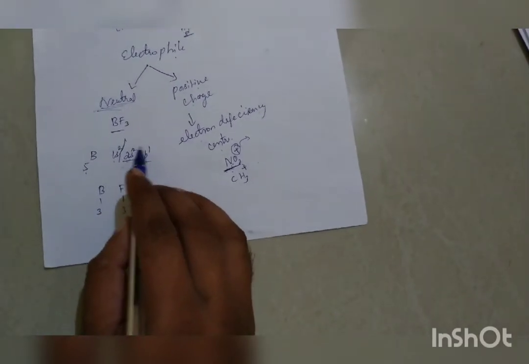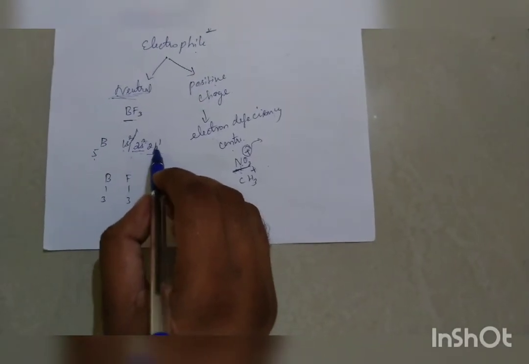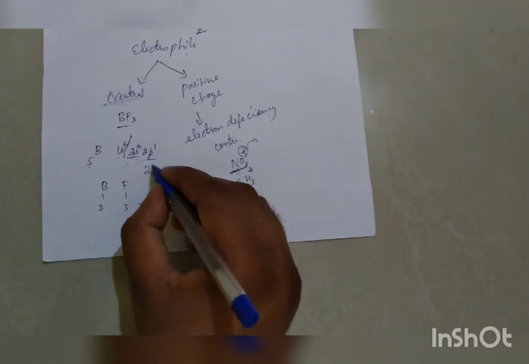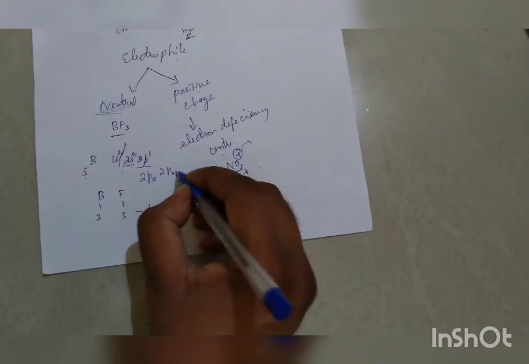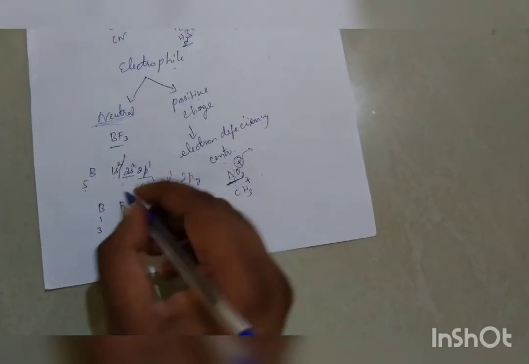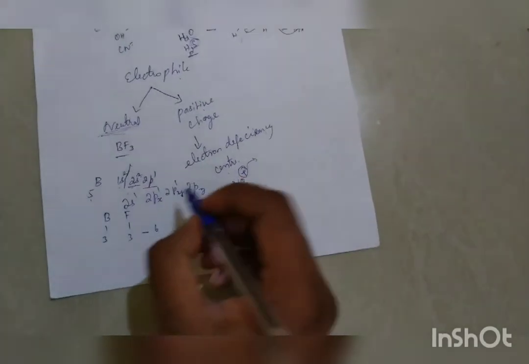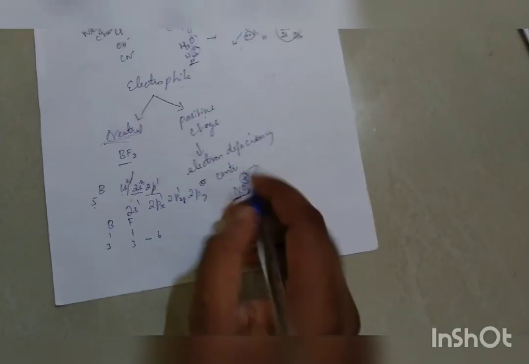Now these three electrons are available in the 2s and 2p. We can separate 2px, 2py. The 2s electron is excited here, and the pz is going to be 0.